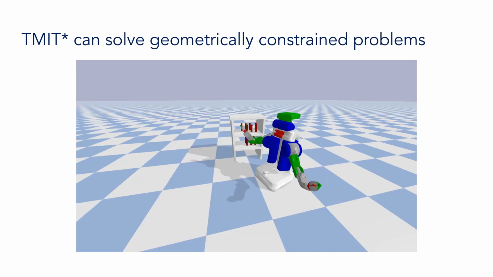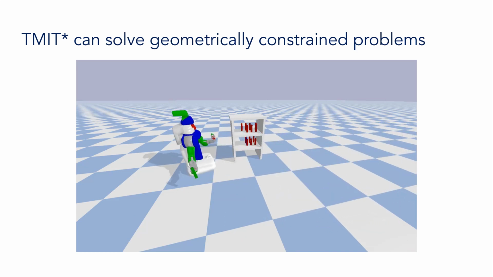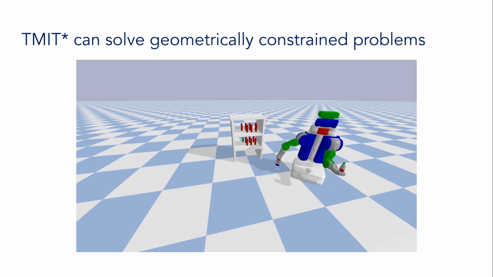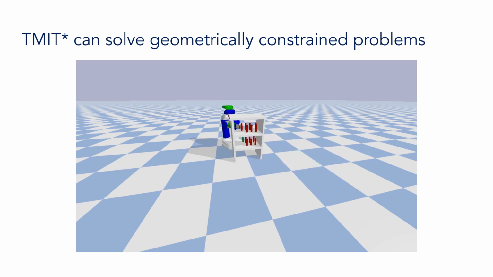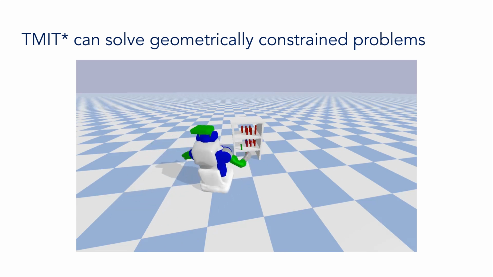TMIT-Star can also solve geometrically constrained problems, such as the shelf manipulation problem shown now. In this problem, the PR2 must swap the blue and green sticks. Again, given additional computational time, TMIT-Star can improve upon the quality of its initial solution.